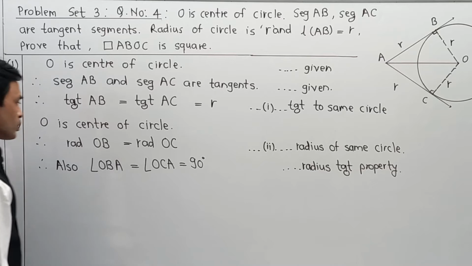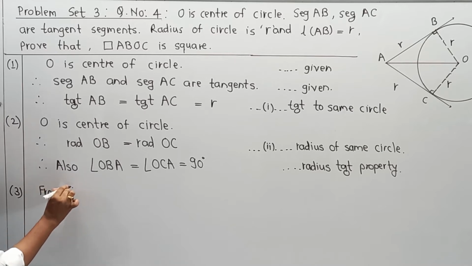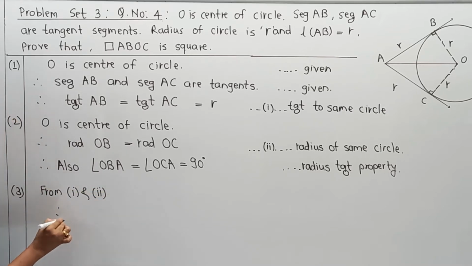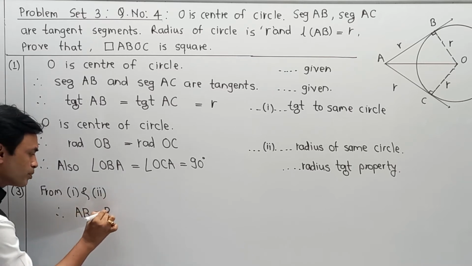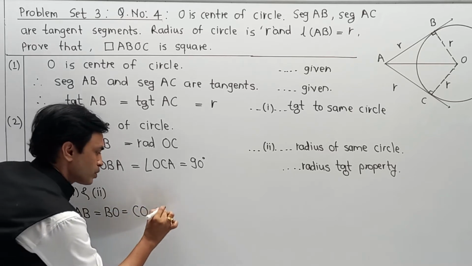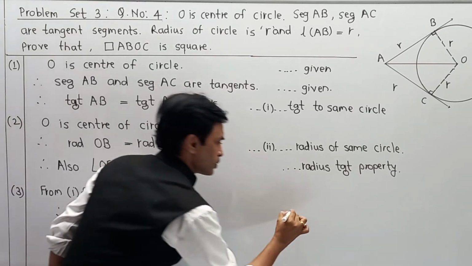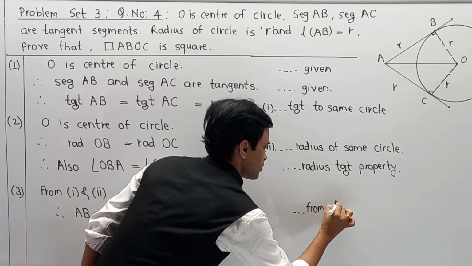So we can have a third part from 1 and 2: AB equals BO equals CO equals AC equals R, from equations 1 and 2.